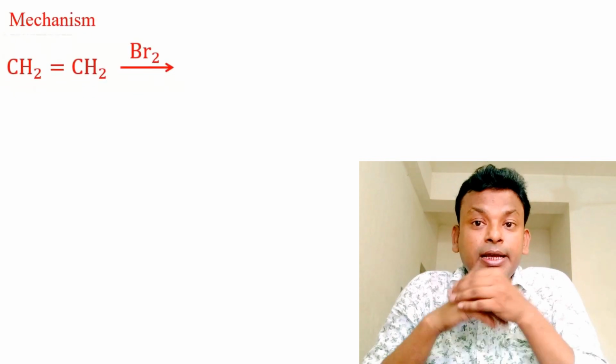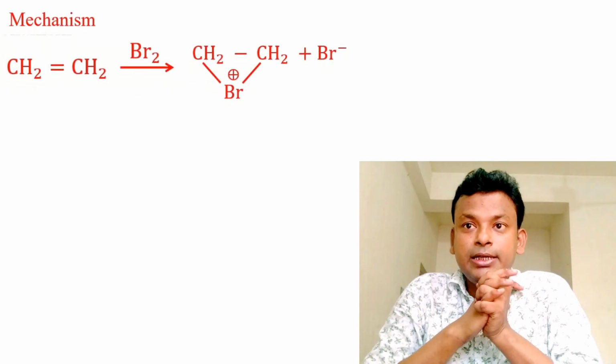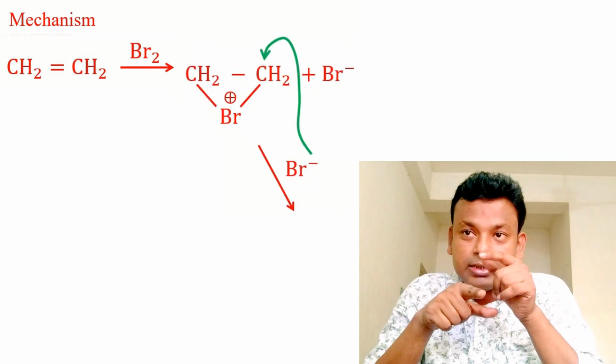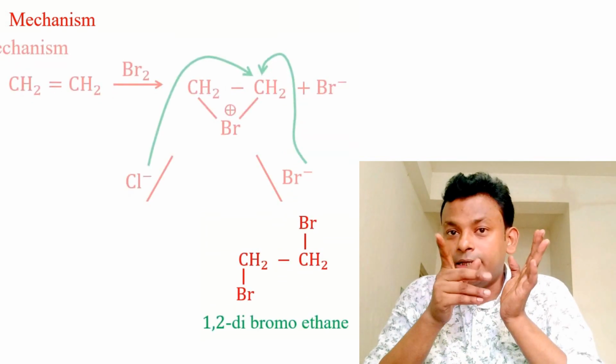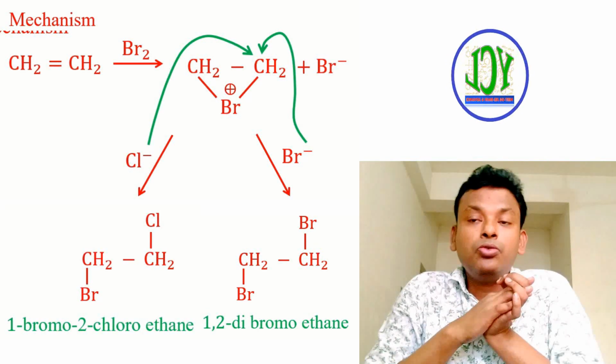First, ethene reacts with Br2 to form a 3-member cyclic transition state. In the next step, first Br attacks that side and forms 1,2-dibromoethane, and chlorine attacks that side and forms 1-bromo-2-chloroethane.